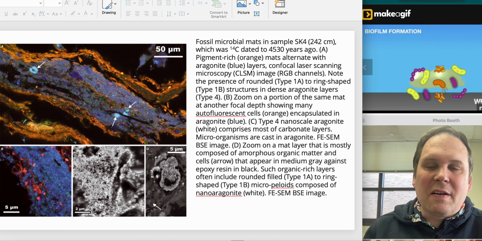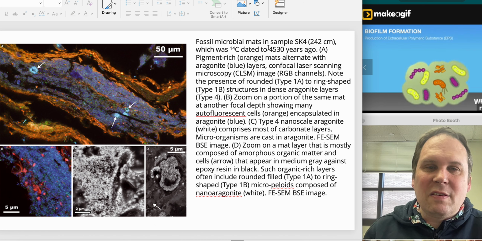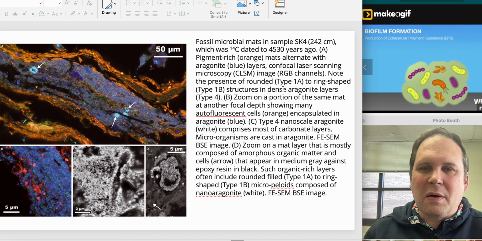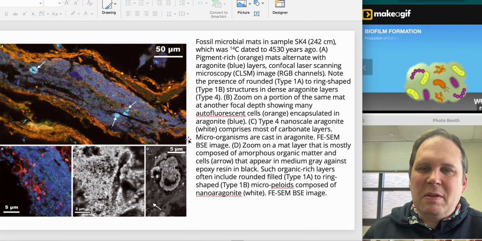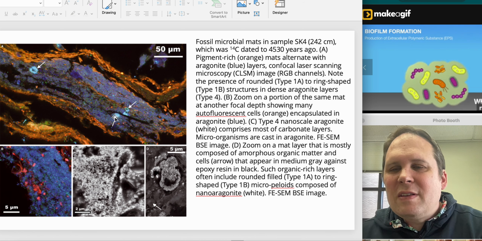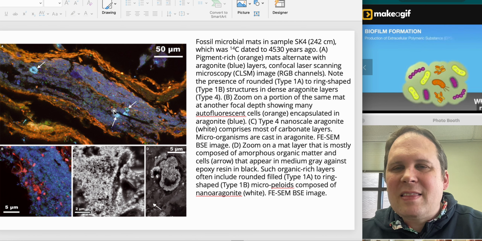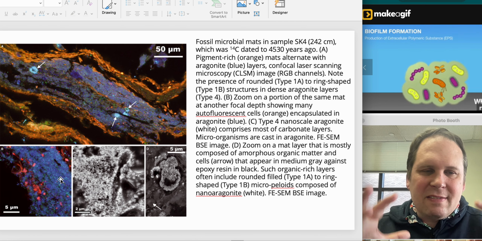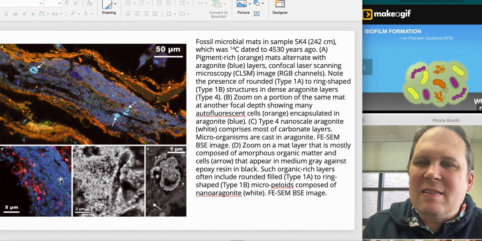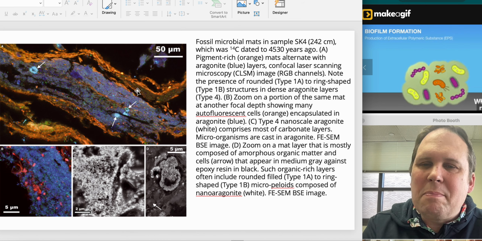So here is a layer that they've actually carbon-14 dated to 4,530 years ago. So it is partly, maybe totally fossilized, but you can see different little pockets with photopigments in there, and you've got these little grains that are making it up. This is basically the sediment that has infiltrated the biofilm.